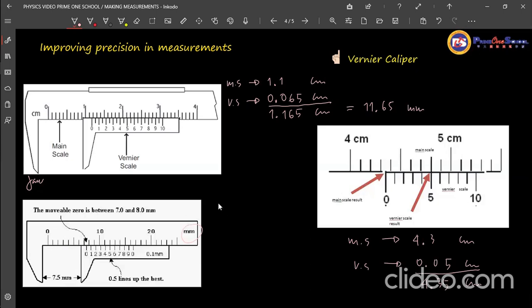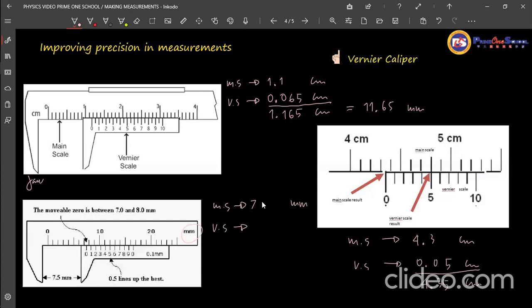So you can read the main scale equals to 7. And then I think put point 0 over here. And then the unit is millimeter. Okay. Oh, actually, you don't need to write this one. It's okay. And then for the Vernier scale, okay, please find, yeah, 5. Perfectly coincide.